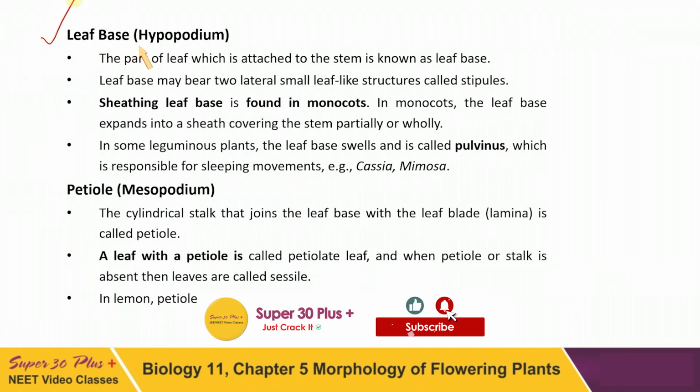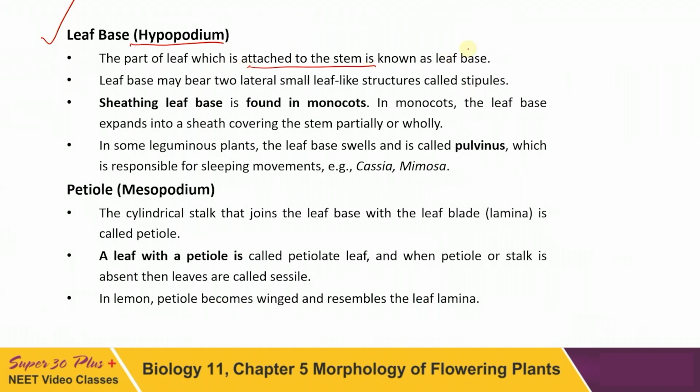Leaf base, hypopodium: with the help of this, the leaf is attached to the stem, and that is why it is known as the leaf base. The leaf base may have 2 lateral small leaf-like structures known as stipules, as I told you right now.